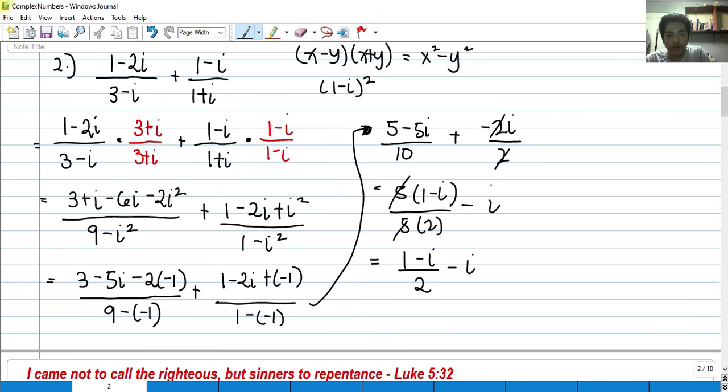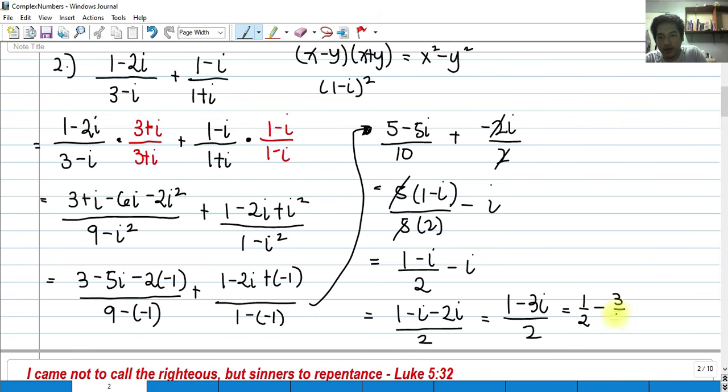If we perform this, we have 1 minus i minus 2i over 2. Then definitely we have 1, then negative i minus 2i, that's negative 3i over 2. Of course, we can rewrite this as 1/2 minus 3/2 i.